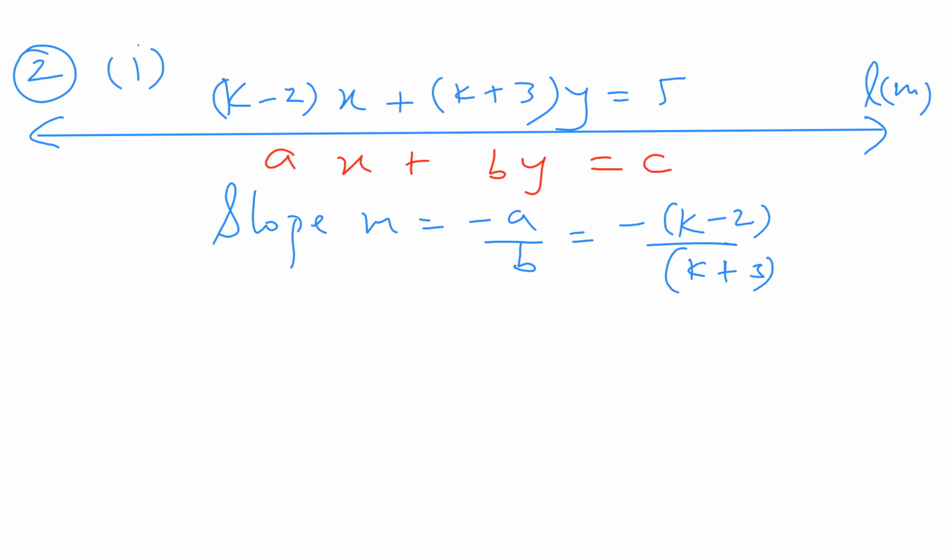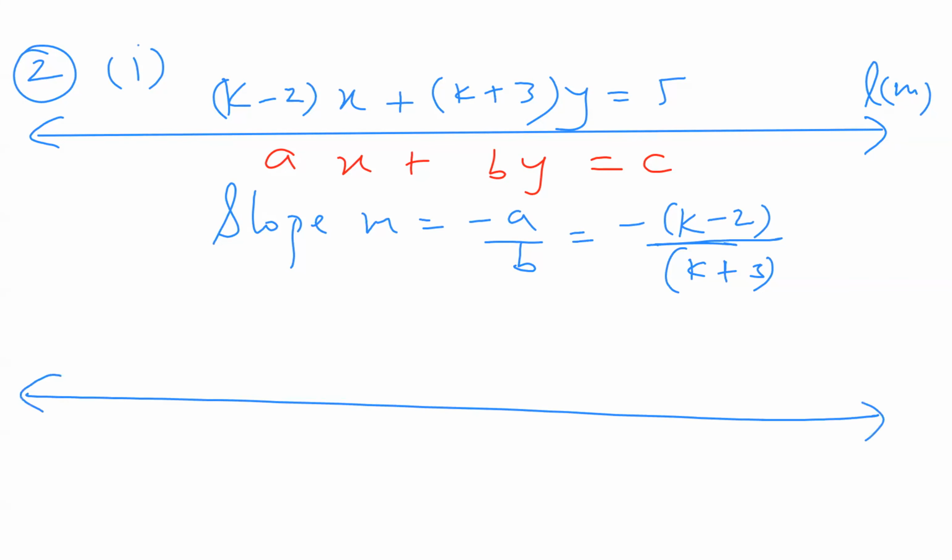Now this line is parallel to some other line, let's say L1 with slope m1. The equation of line L1 is 2x minus y plus 7 is equal to 0. So we'll write it as 2x minus y is equal to minus 7, in the general format ax plus by is equal to c.